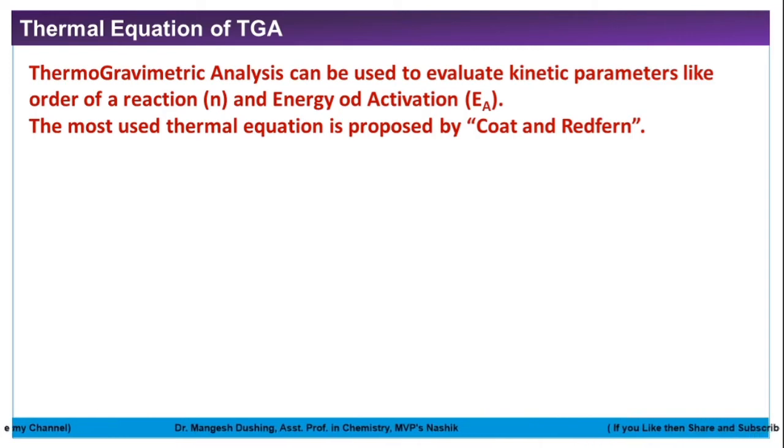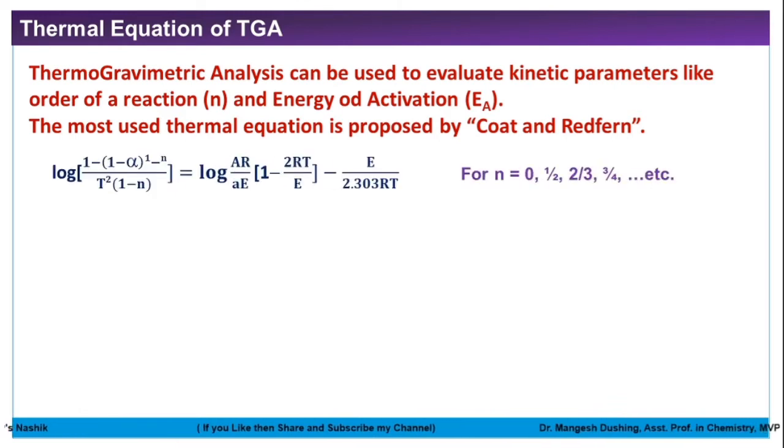The most commonly used thermal equation is proposed by Coats and Redfern. The equation derived by Coats and Redfern for the calculation of energy of activation, frequency factor and order of the reaction is as follows.